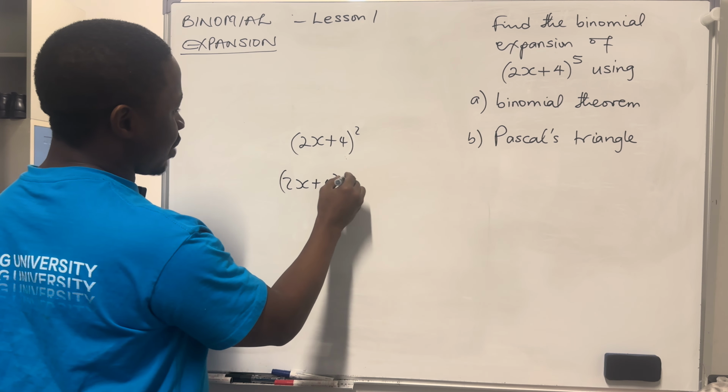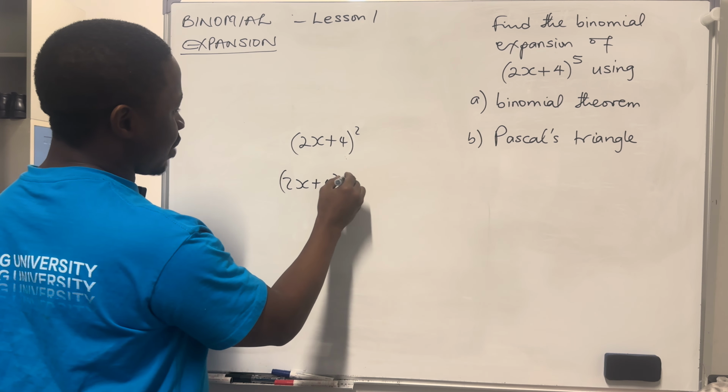How many terms do we see? 1, 2, 3 terms. What is the power? 2. That is the first point of observation you need to note, that whatsoever power you are given, plus 1 will give you the number of terms. So definitely this one is going to give us 6 terms.